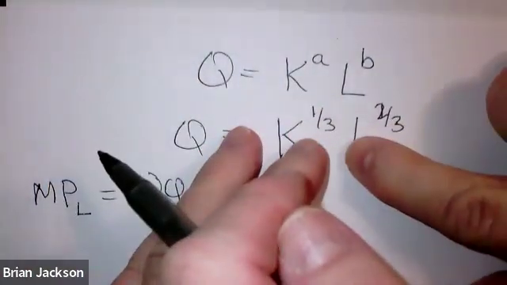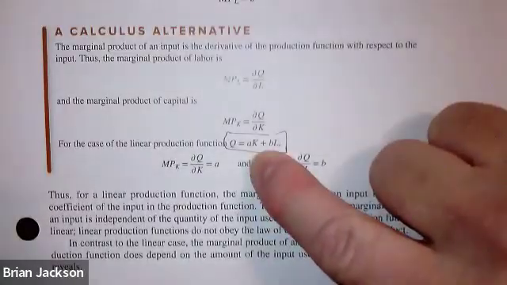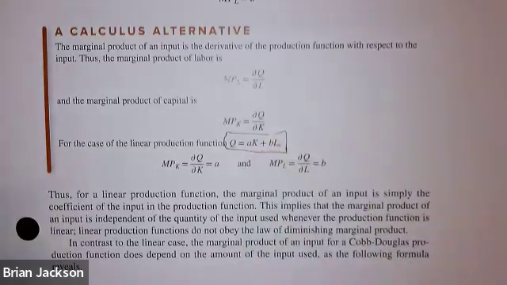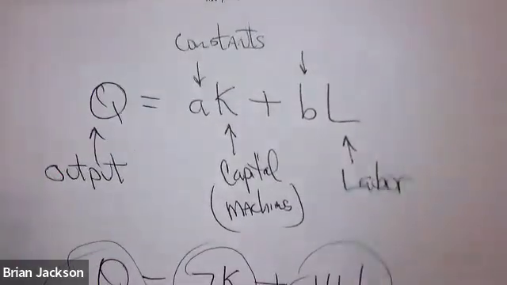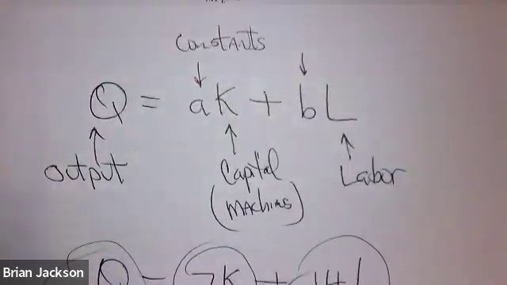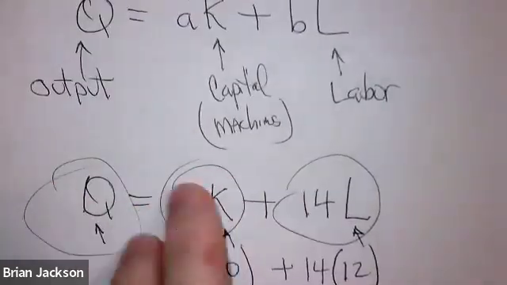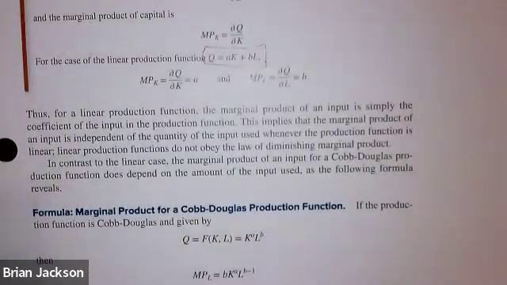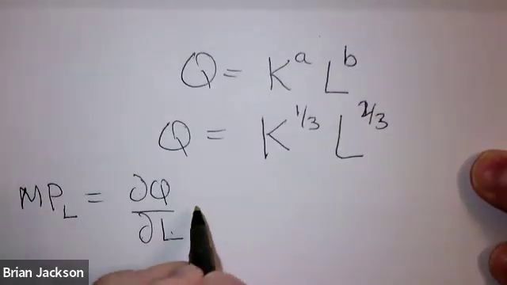Now, we're not adding these together like we did here. It was real simple just a moment ago when you had a function of this form. Here, when I was finding the marginal product of labor, I was going to treat this first term as a constant and just throw it away. Now I'm multiplying powers of K and L together. It's the same idea, but this could be a little confusing to you.